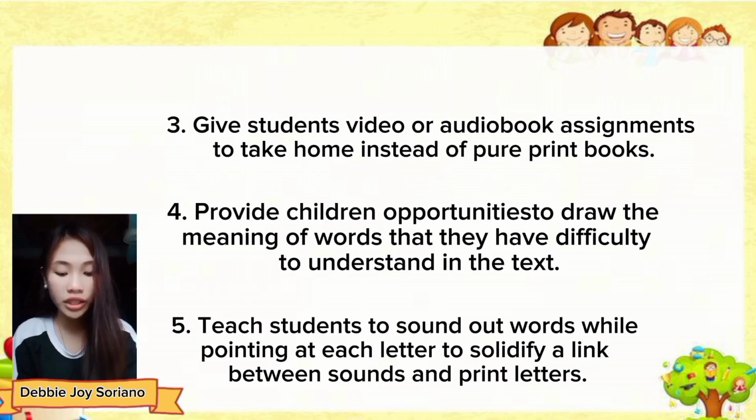Sound knowledge is demonstrated when a child can look at a letter in print and tell you the sound it represents. For example, if you point to the letter F and ask what sound this letter makes, the child will say "f, f, f."